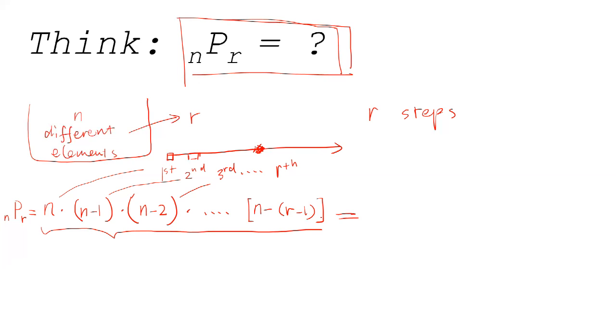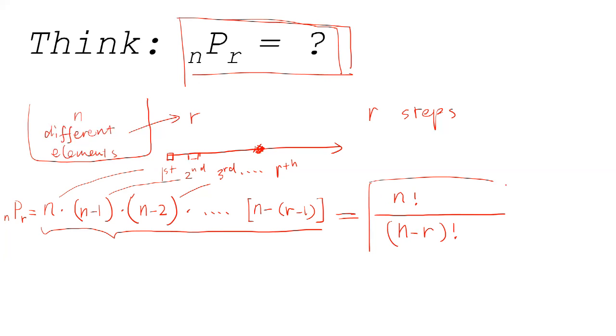Okay, so is there any way we can simplify this? Note that this is a product from n down to n minus r plus 1. So we can denote it as a quotient between two different factorials, right? The factorial in the numerator should be n factorial, and the factorial in the denominator is n minus r factorial, right?